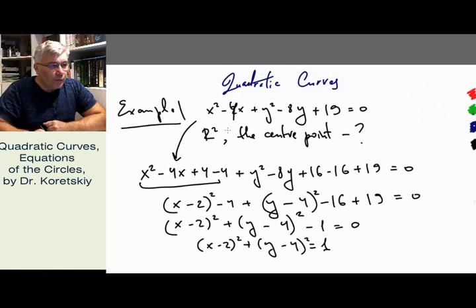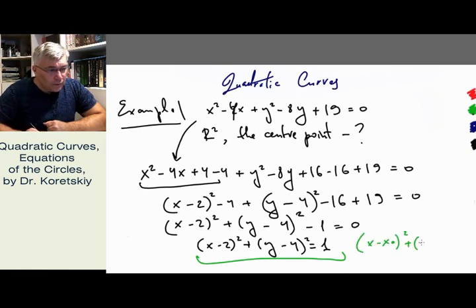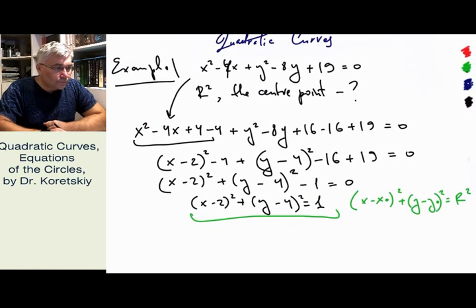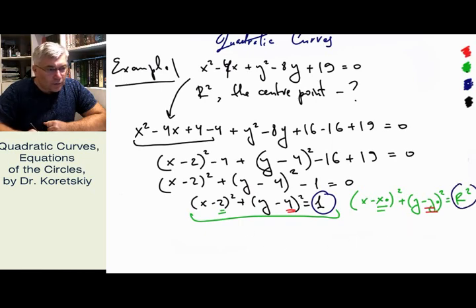And if you compare this expression with the canonical view of the equation of the circle, you can see that 2 is x0, 4 is y0, and 1 is r squared.